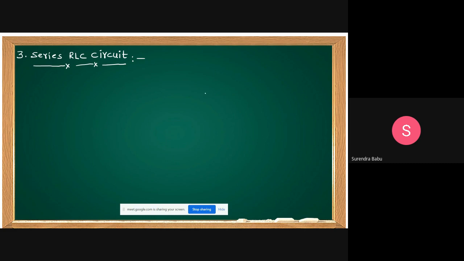Here I am drawing a series RLC circuit. This is R, this is L, and this is C. We are giving a sinusoidal AC supply. Let the RMS value of the supply be V.